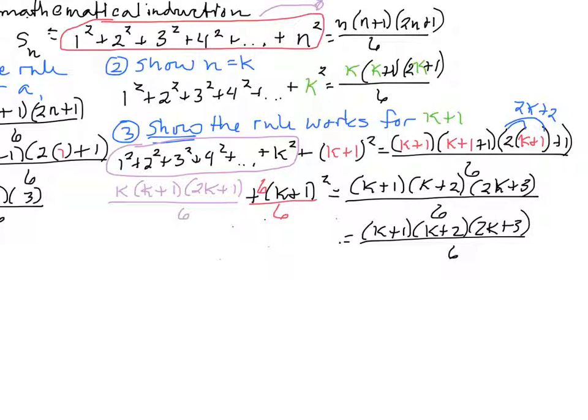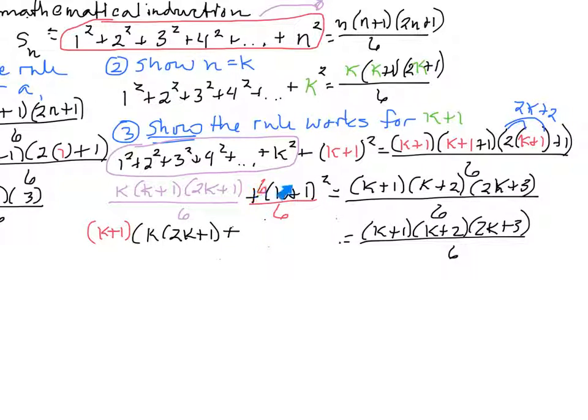I'm going to take that out in front, k plus 1. And then tell me, what do I have left here if I take out a k plus 1? I have a k, right? And I have a 2k plus 1. So I've got k times 2k plus 1. Plus, what happens here if I factor out a k plus 1?